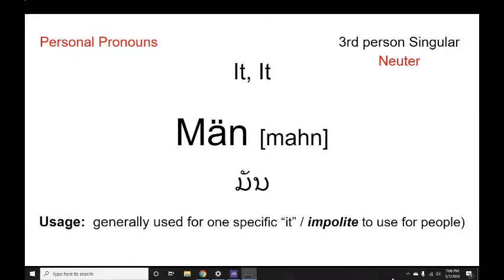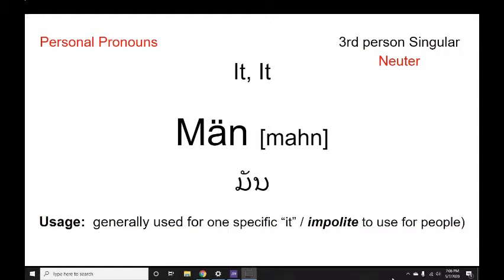This is a pronoun that I mentioned, depending on your attitude toward the person or the thing that you're referencing, a certain pronoun might be used. So sometimes people might use this word in Lao as an insult, referring to a person as it.